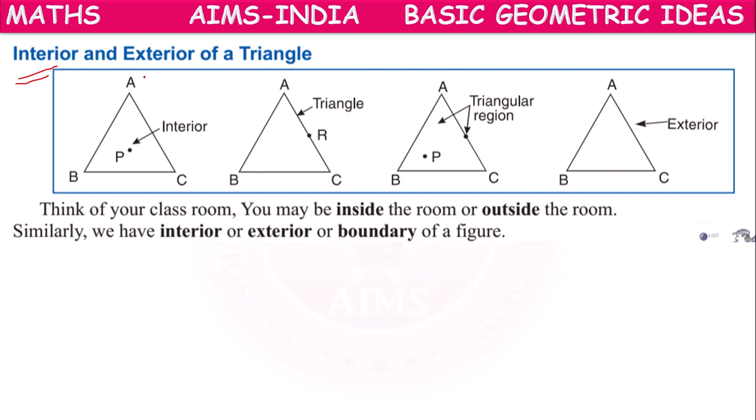So we can have the interior and exterior of a triangle. The points which lie inside the triangle are considered the interior part. Some points lie on the triangle, on the boundary of the figure. Some of them may lie outside the triangle, the exterior part of the triangle.